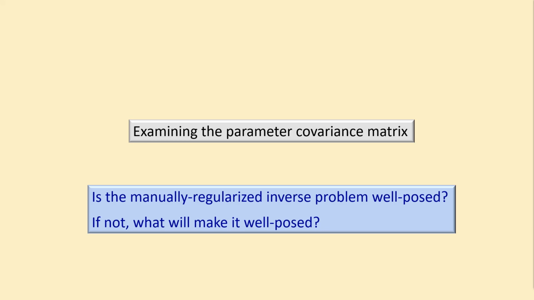When we undertake manual regularization, we have some problems. We have to decide how many parameters we're estimating. If we estimate too few, we don't get a good fit with the calibration data set. If we estimate too many, we may overfit. Now, overfitting is the subject of another video.